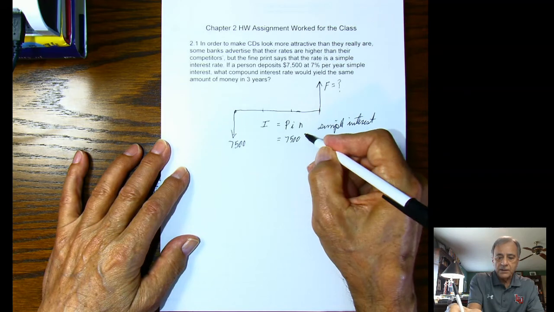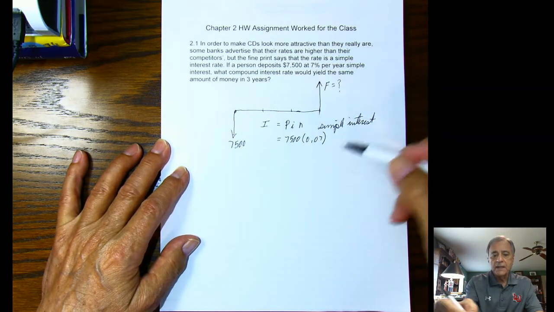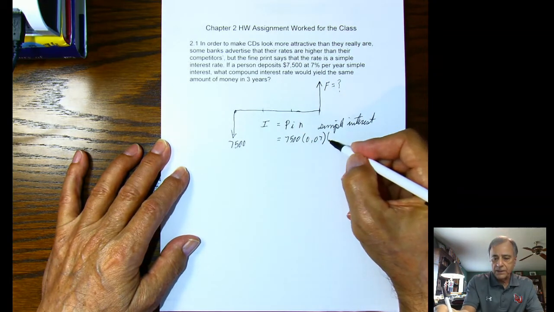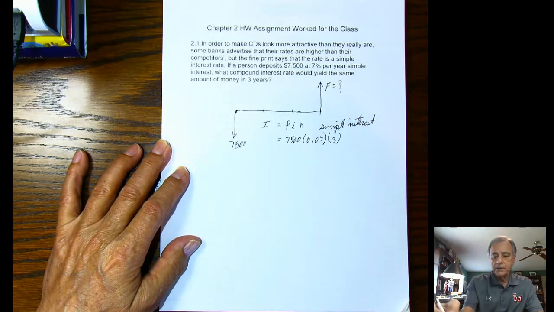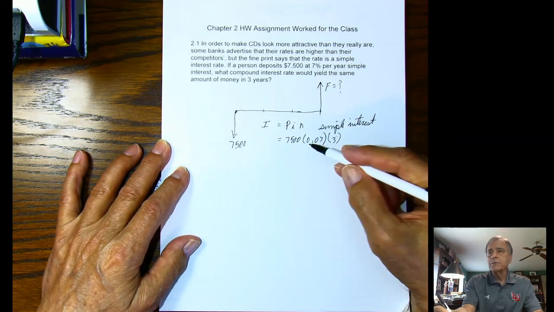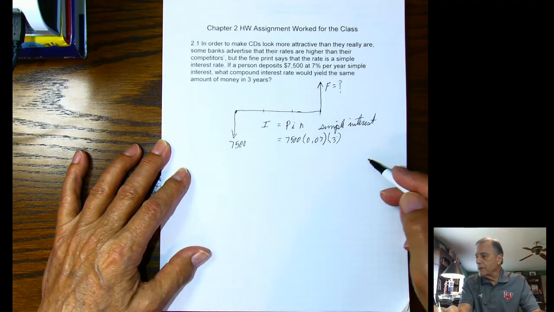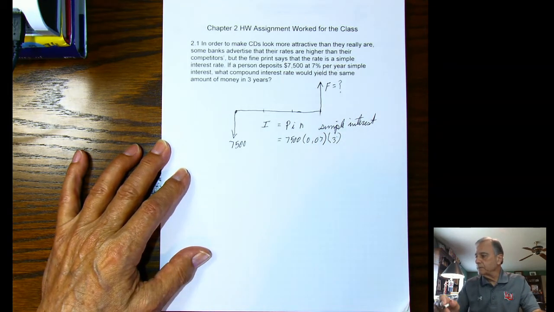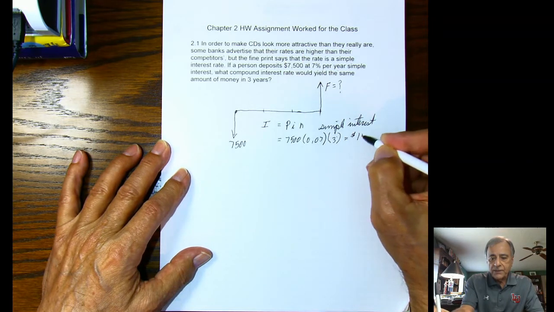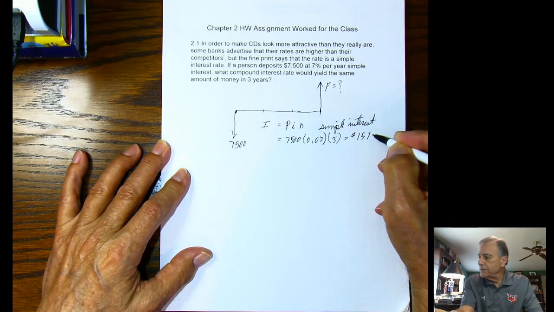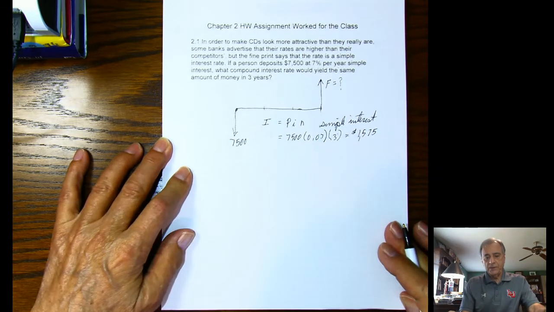The rate is 0.07, that's given. And the number of years is given as 3 years. This is per year. This is number of years. So this is going to be 21% of $7,500. If you do that multiplication, you will get $1,575. So that's how much interest is earned.